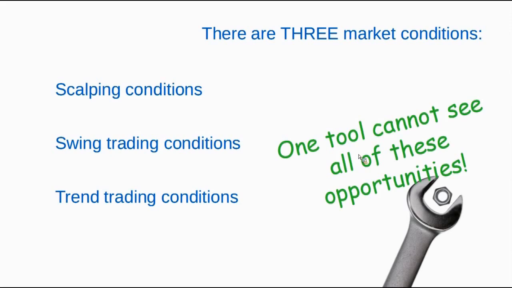But you would find that you would have much better success if you looked at the market and said, okay, my signal works best in a scalping environment. So either you're going to limit yourself to scalping environment, or you're going to say, I'm going to use this signal for scalping, and I'm going to use this signal for swing trades, and I'm going to use this signal for trend trading.